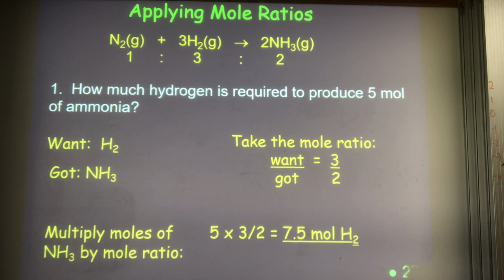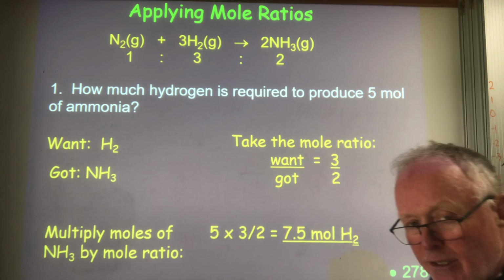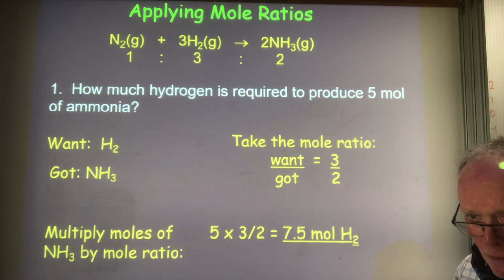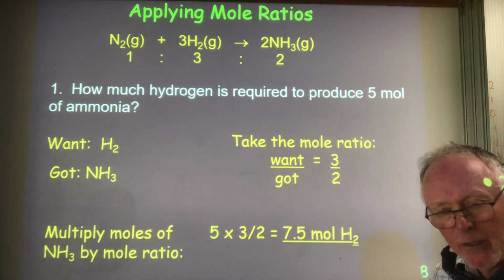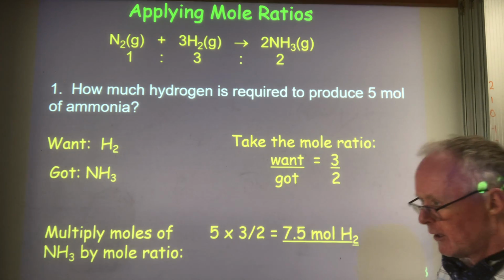That tells us the number of moles of hydrogen required is 7.5. The number of moles given to us in the question multiplied by want over got. Always the same process in any stoichiometry problem. Always think, if you've got an equation and you're working out amounts, want over got.